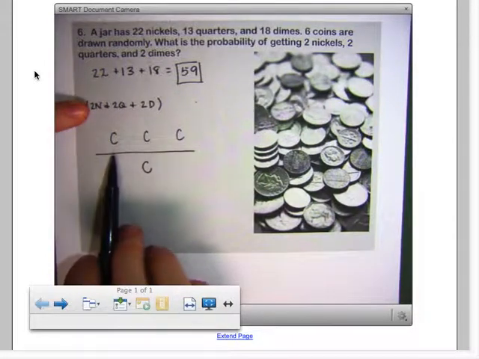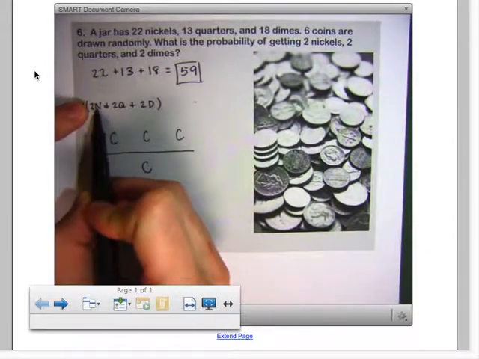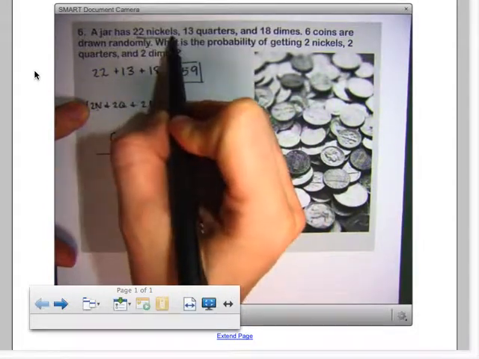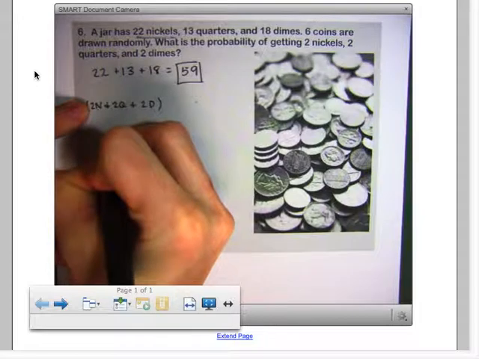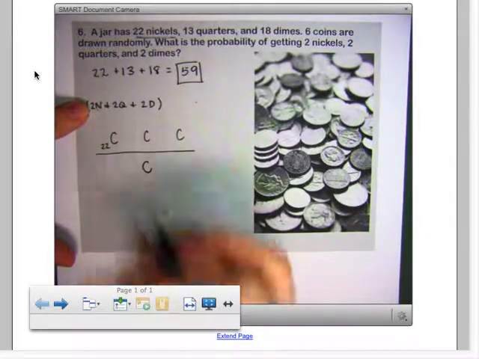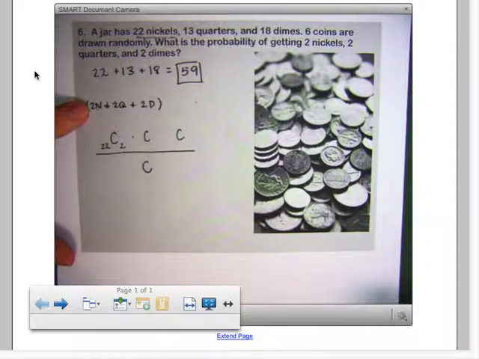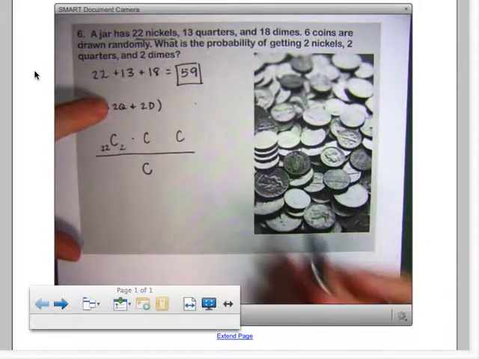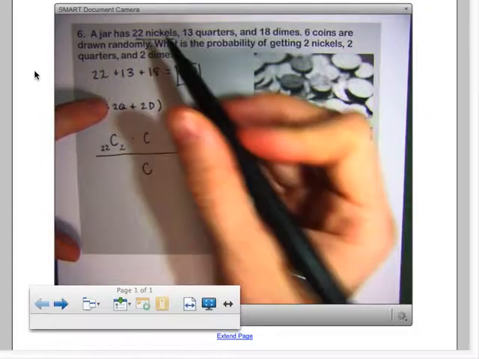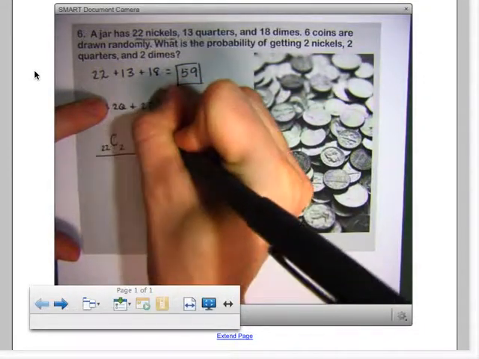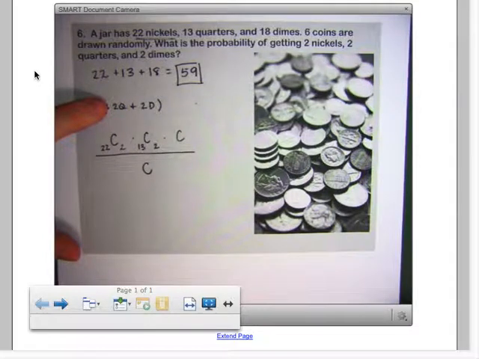So let's start with the nickels. So I want 2 nickels. If we come back up here, there are 22 nickels total. So my total should be 22. And I only want 2 of them. So 22C2. My quarters, if I come up here, there are 13 quarters total. And again, I only want 2 of them. So 13C2.